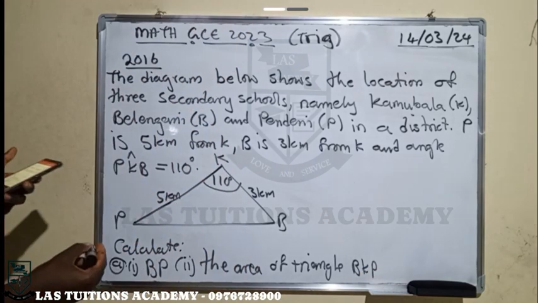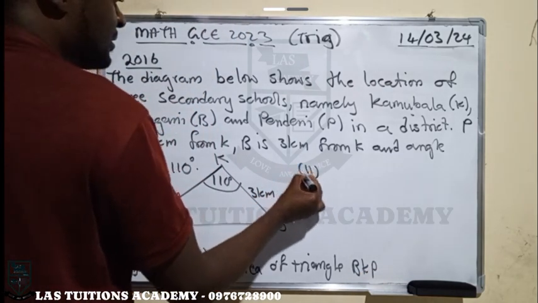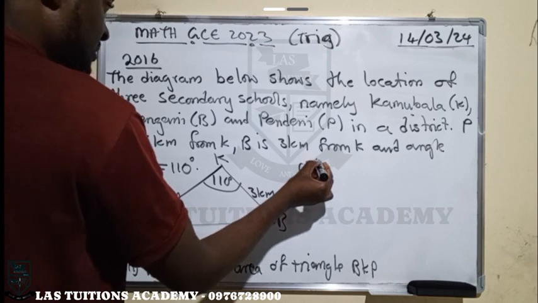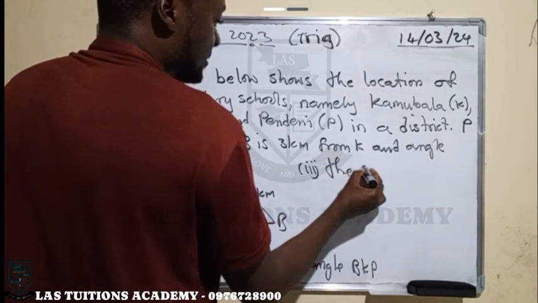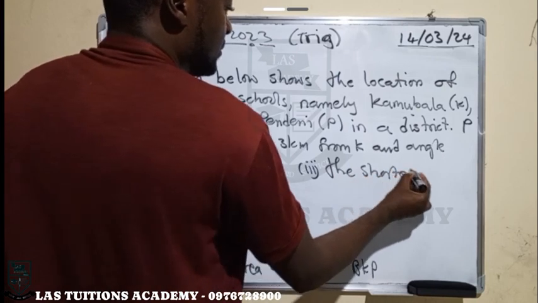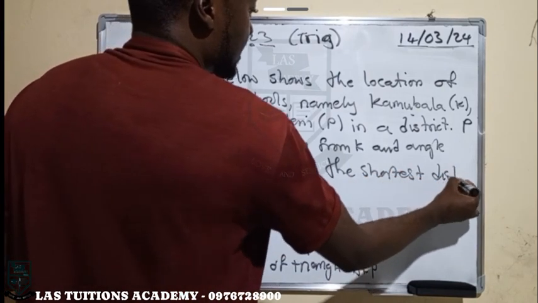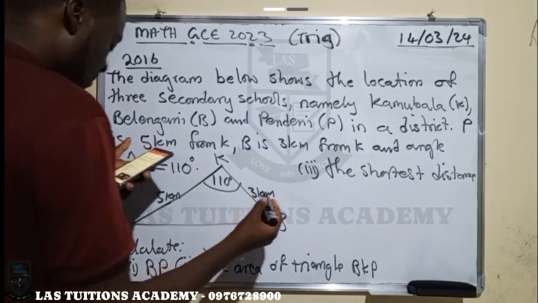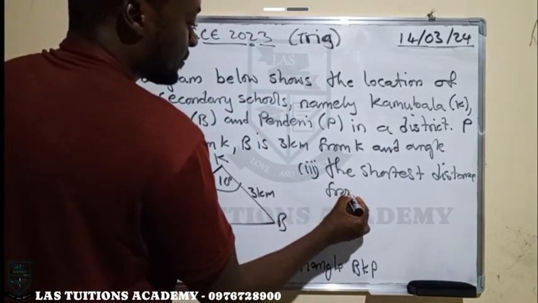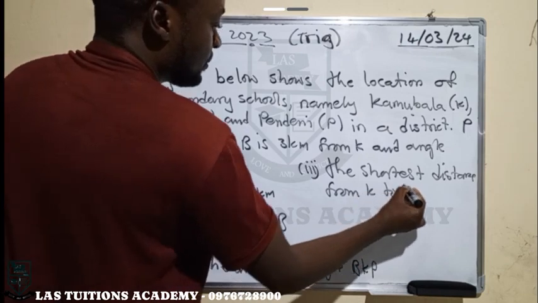Then part 3 says calculate the shortest distance from K to BP, from K to BP.